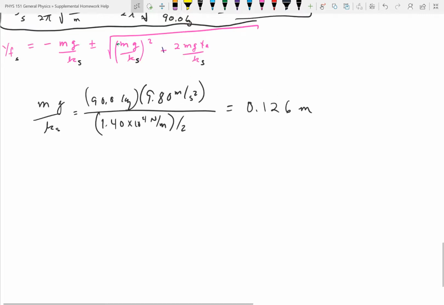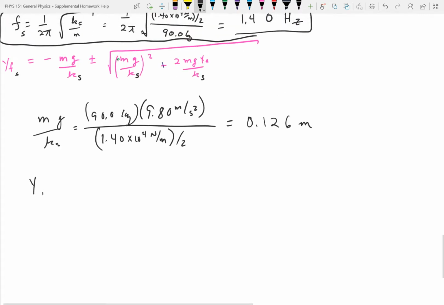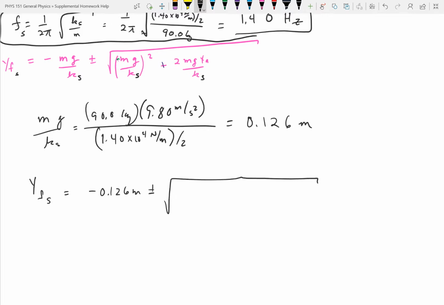So that's 0.126 meters. And so our y final S is equal to minus 0.126 meters plus or minus the square root of 0.126 meters quantity squared plus 2 times 0.126 meters times the YA, which was 2.0 meters.